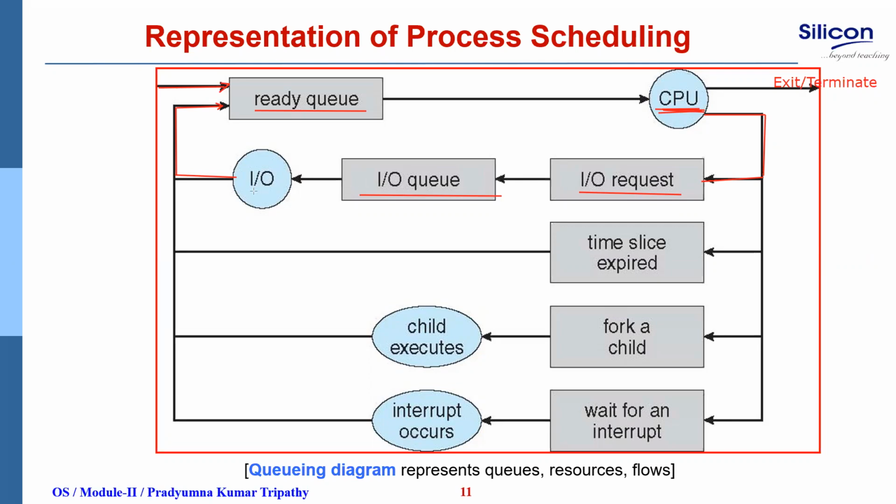When the IO event is finished, it is added again to the ready queue to continue with the next instruction. In the meantime, when the IO request is being served, the CPU might be busy executing some other process.